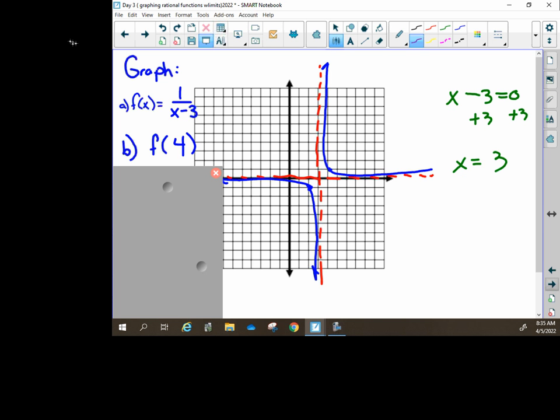So if I plug in 4, 1 over 4 minus 3 is 1 over 1. That has a height of 1. There's a solid dot right there at a height of 1.